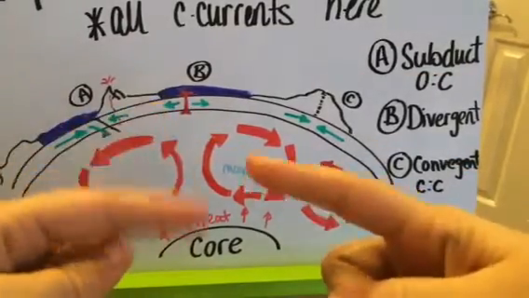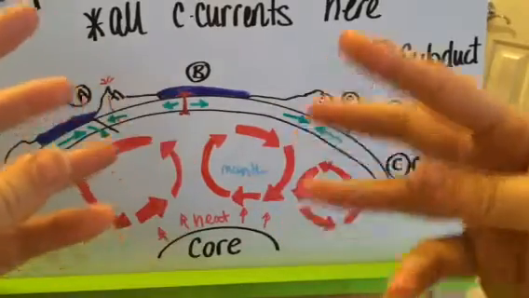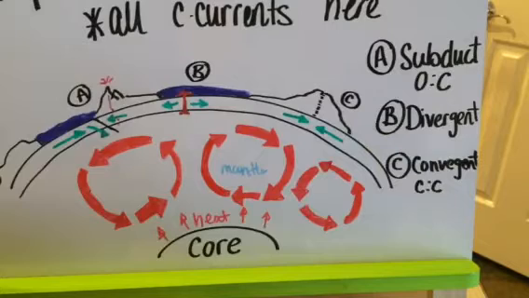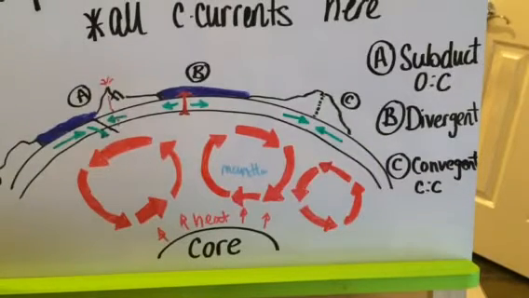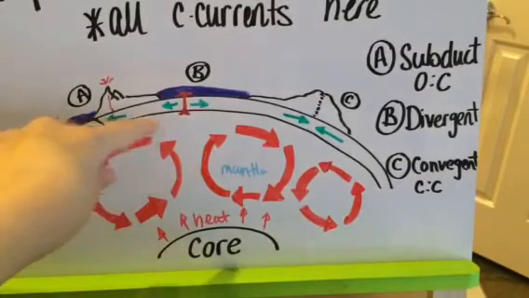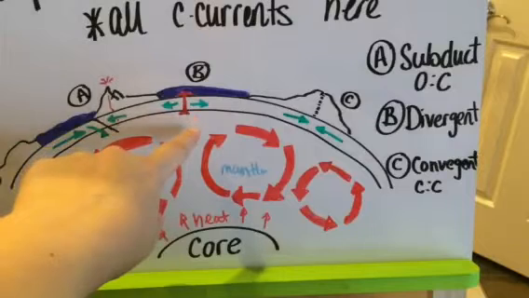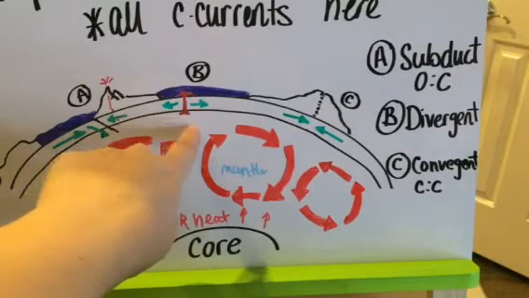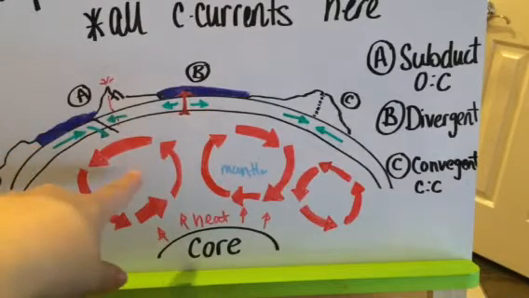As they speed up, they spread out, and as they spread out, they rise because they're less dense. Convection currents is all about how the less dense material rises and the more dense material sinks. As it rises up, it's less dense and it spreads out, and it can cause plates to push apart from each other because it's causing the currents underneath it to move away.